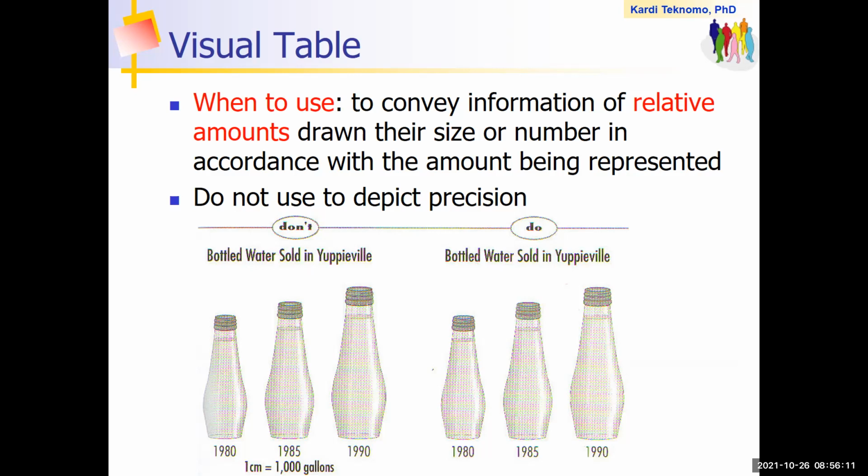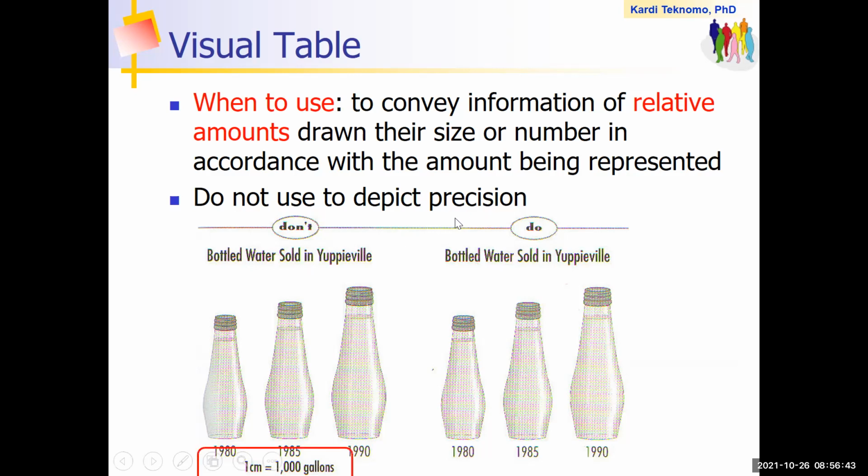So for the example on the left side here, you show the amount of bottled water, but you put 1 centimeter equal to 1,000 gallons. So this is wrong. Why? Because nobody will measure the centimeter here. So remember, in visual table you don't want to see the precision, you just want to see the relative amount.